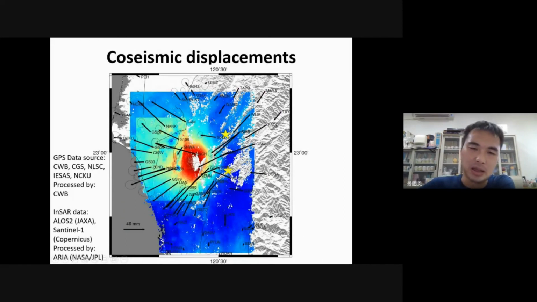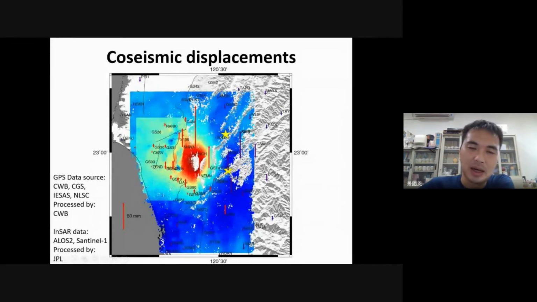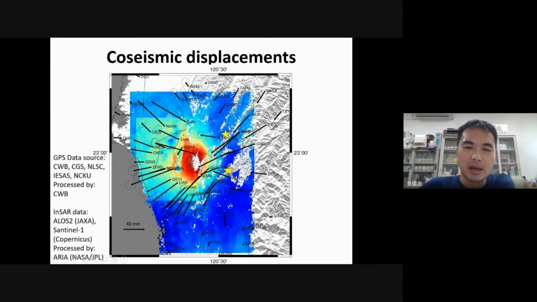Basically, we understand that the high line of sight displacement during this earthquake is mainly dominated by the vertical displacement. One more important thing: based on this GPS data, the general pattern looks like this.